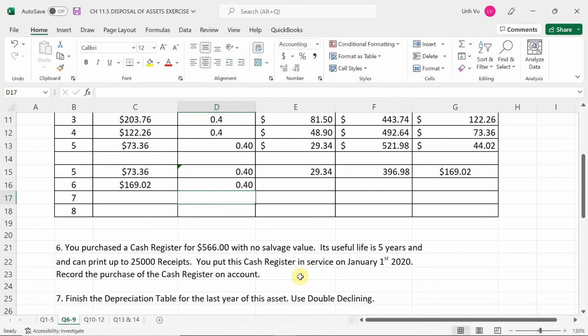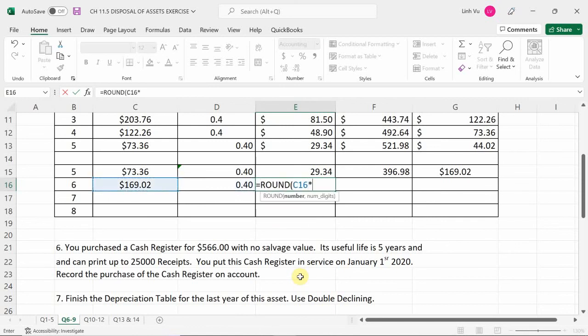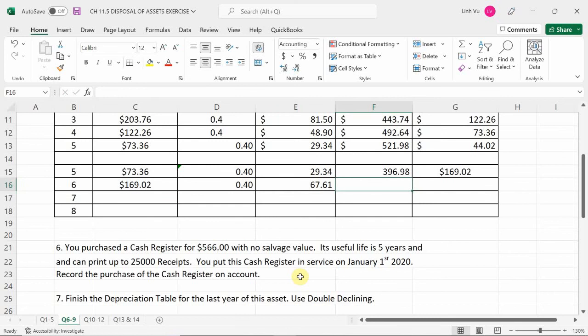My depreciation expense? $67.61. Therefore, my total accumulated depreciation is $464.49. Okay. So what's your book value now?